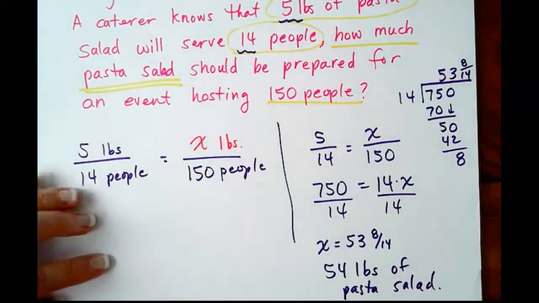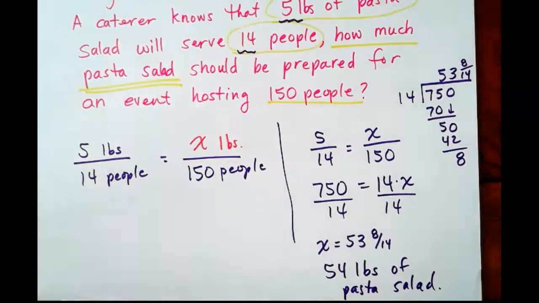Because the caterer only prepares whole pounds, not half pounds, not 8/14 of a pound. If we need more than 53, we need to round this one up to 54 pounds of pasta salad.